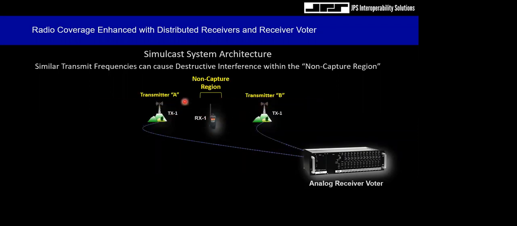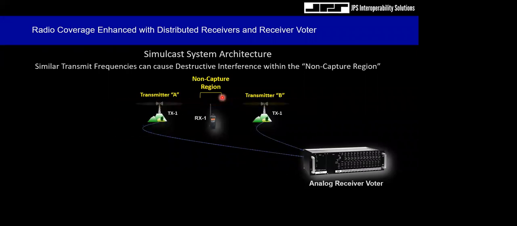And this all depends on not only the capture ratio of this radio, but how I am physically positioned in the overlap region. And when we design a radio system, we have to apply engineering. We just don't deploy transmitters and receivers in my operational area just because I can do that.